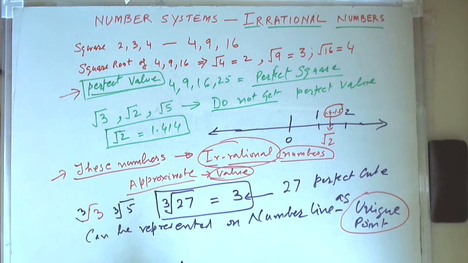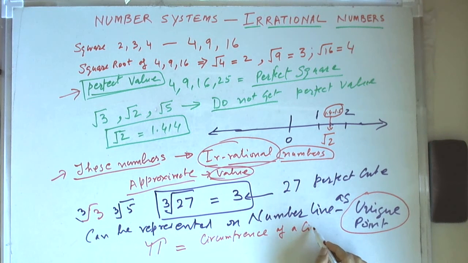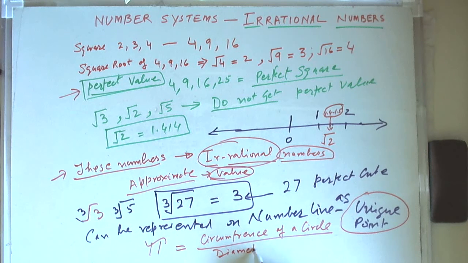Another commonly used irrational number is pi. And what is pi? Pi is a ratio between the circumference of a circle to its diameter, and this ratio is represented in an approximate value like 22/7, and in decimal form it is represented as 3.14.